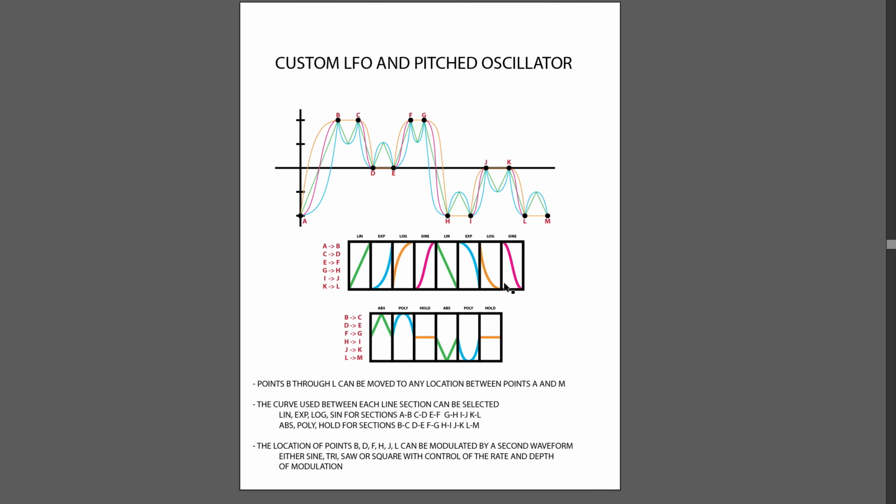So that was kind of part one, and then what I realized when I was playing around with that is it'd be really nice to give the user the ability to modulate some of these points.